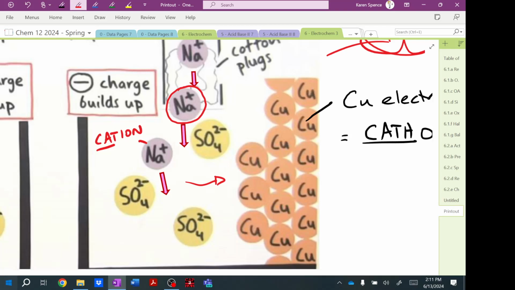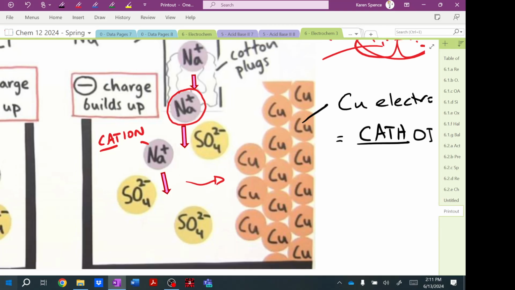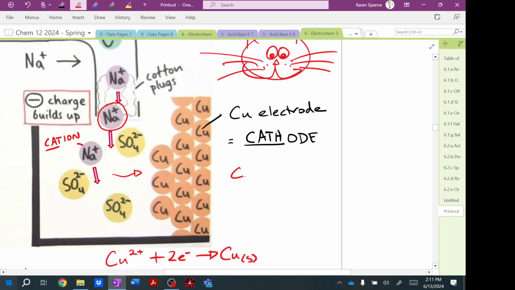Cations always move towards the cathode. That is actually why the cathode is named the cathode. That's how it got its name. So if you're like, why is it named a cathode? Because that's where the cations go.